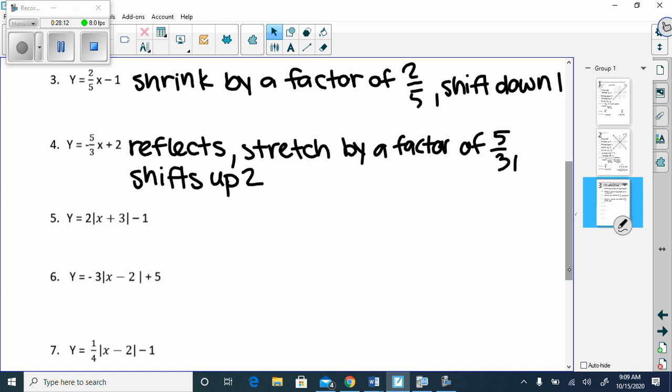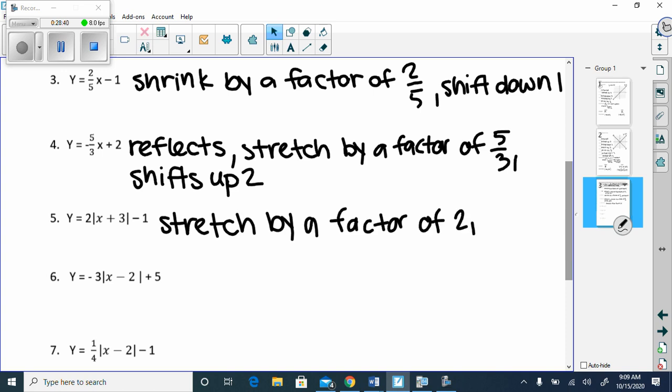Okay. Same idea, but starting with number 5, we have the absolute value, so the V-shaped ones. So remember, these can also be shifted left and right if there's something inside the absolute value. Okay, so out in front, no negative. What does that 2 do? Good. Okay, that +3 is inside the absolute value.